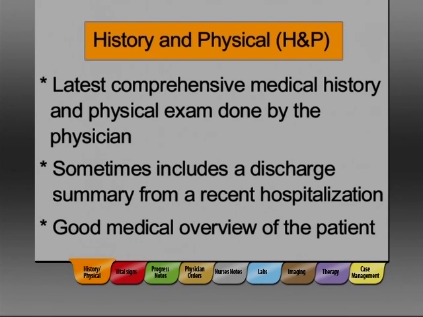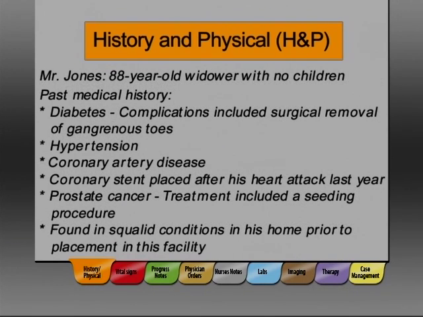The H&P is the place for you to find out that Mr. Jones is an 88-year-old gentleman with a past medical history of diabetes, hypertension, coronary artery disease, and prostate cancer. He has had numerous operations for complications from his diabetes, including surgical removal of gangrenous toes, a coronary stent placed after his last heart attack, and a seeding procedure to treat his prostate cancer.